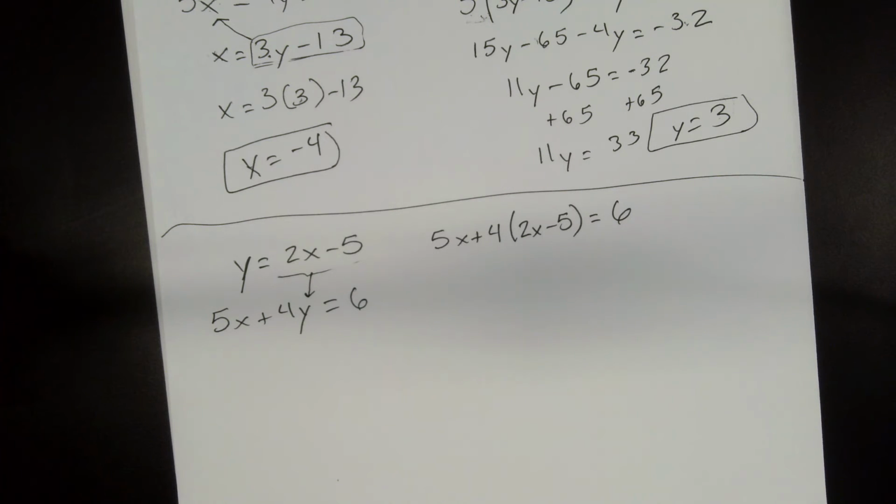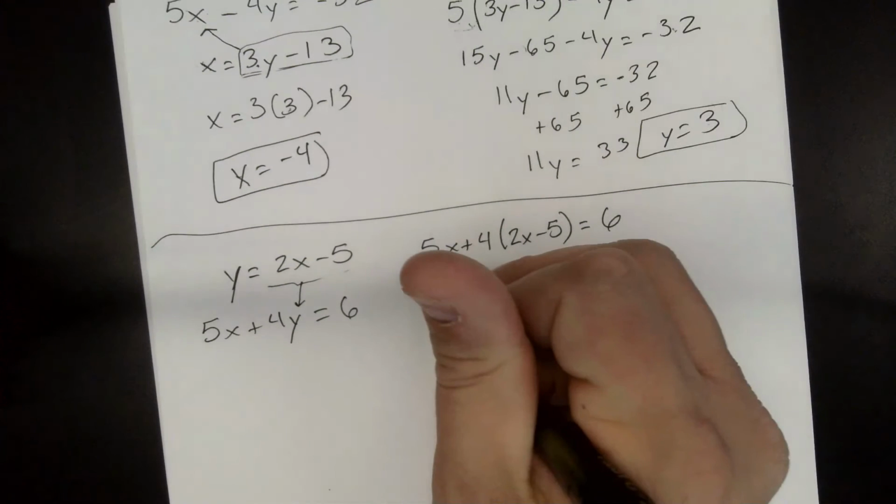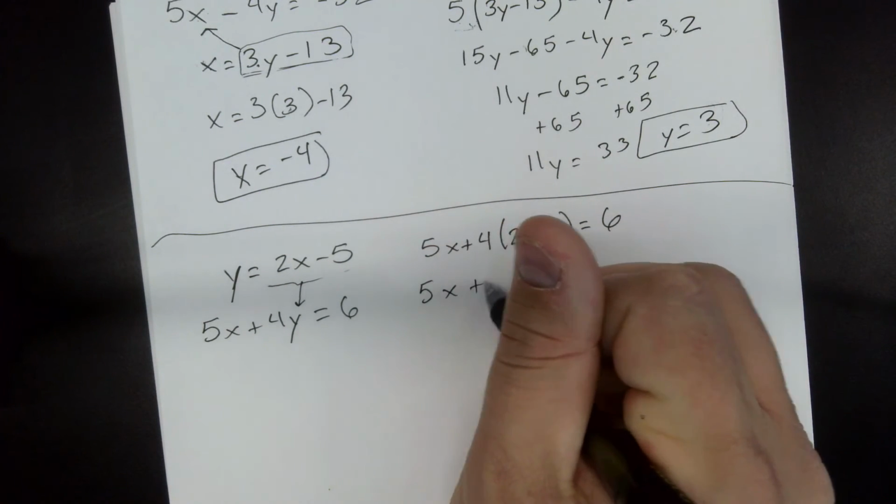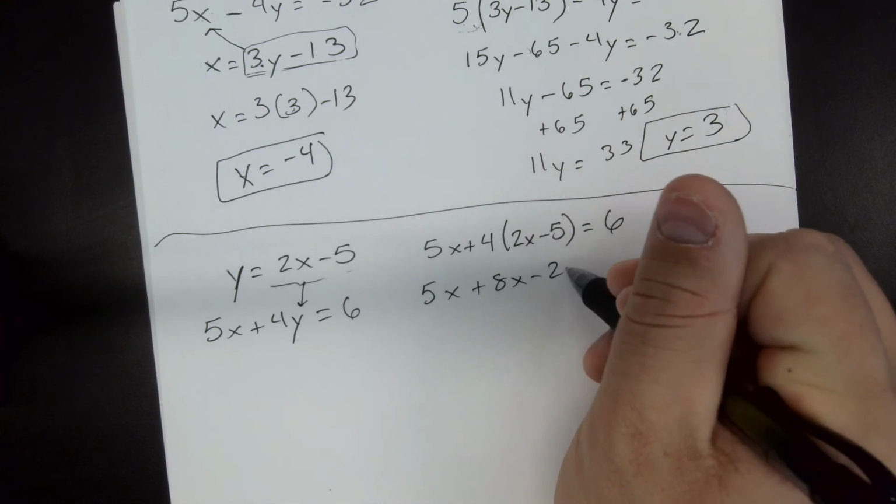Alright, so now we're to there. Ellen, what did you do here? What did you do next? Starts with the D, ends with distribute. Good. So we're going to distribute.